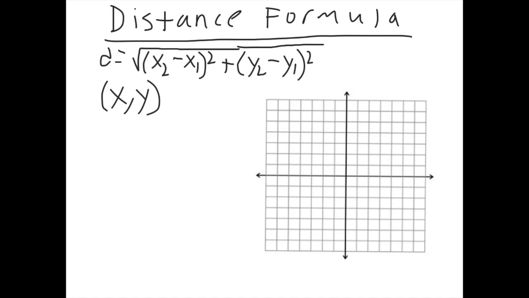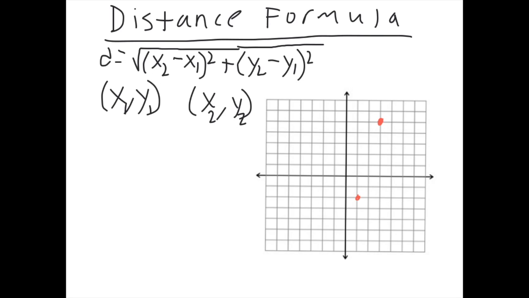Their x-coordinate and then their y-coordinate. But if you have multiple points, like another x, y, you would say the first set of points is x1, y1, and the second is x2, y2.